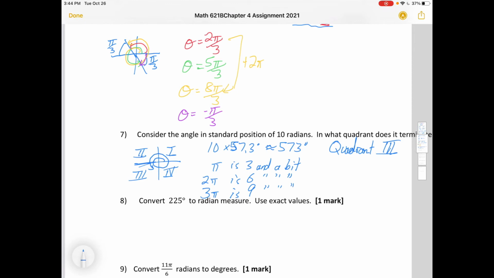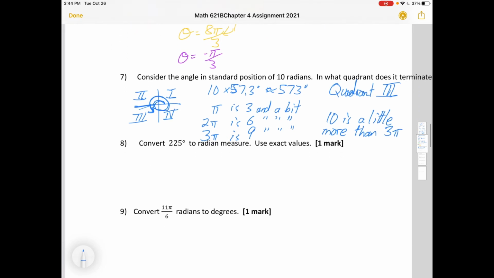And 10 is just a little more than that. So what does 3 pi look like? This would be 1 pi, 2 pi, 3 pi, and a little bit more. So 10 is a little bit more than 3 pi, because pi is 3.14.